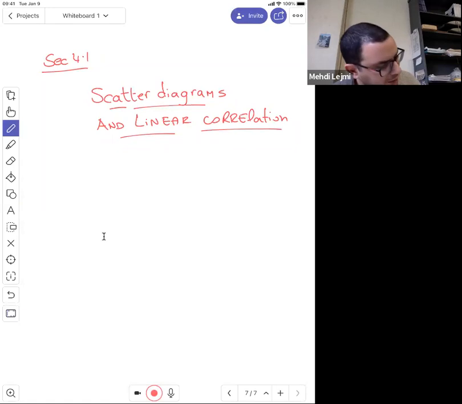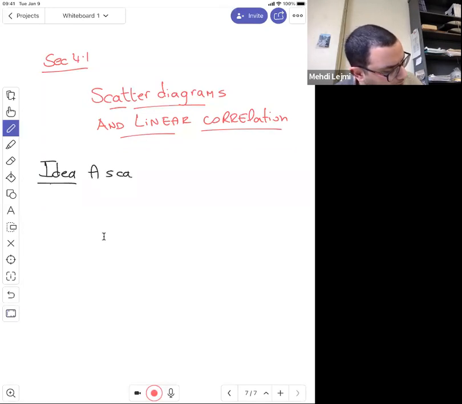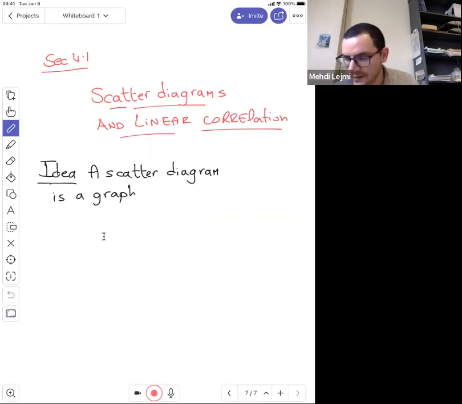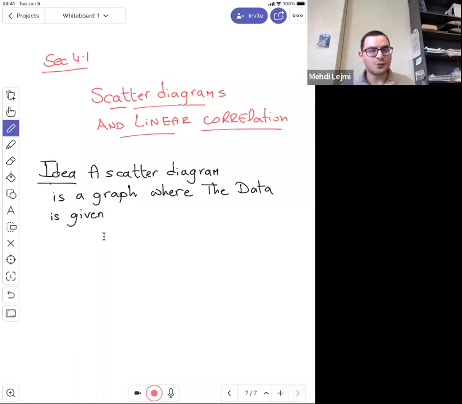the scatter diagram is a graph where the data is given by not just one value, but by data pairs.